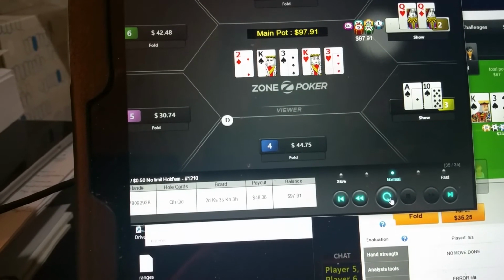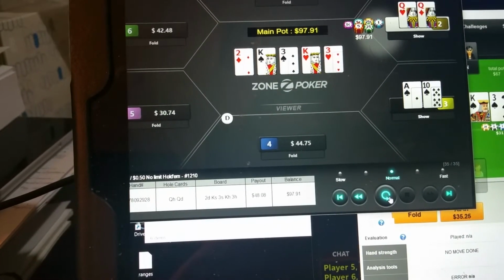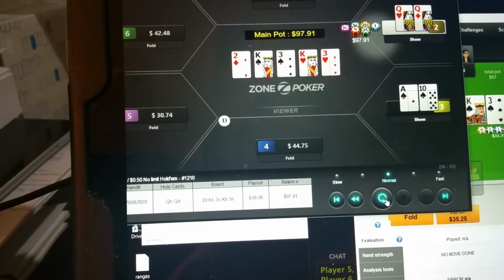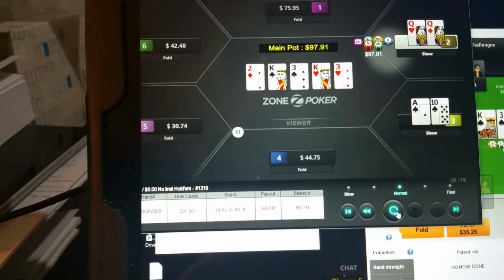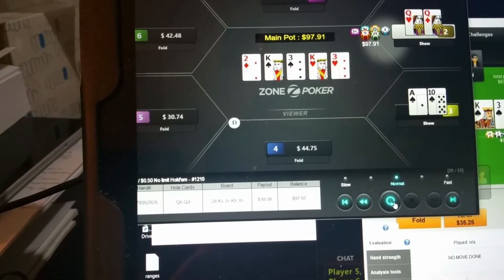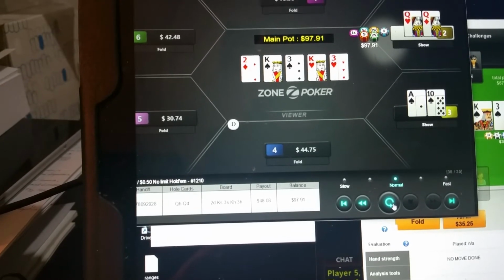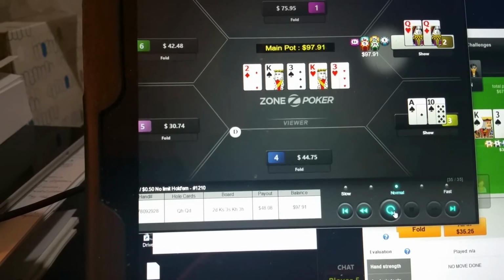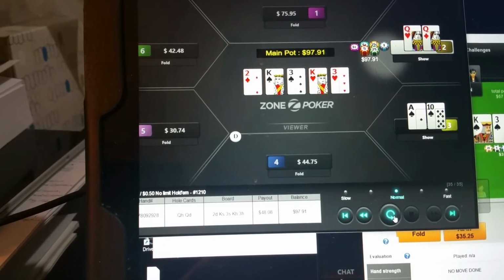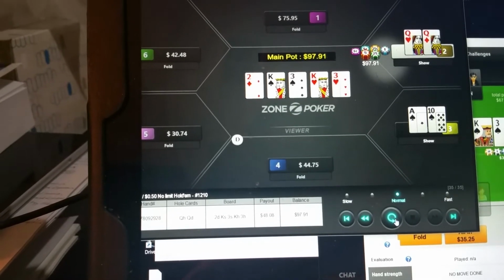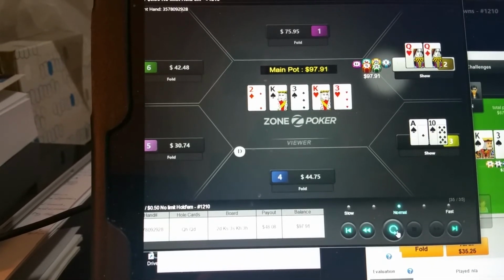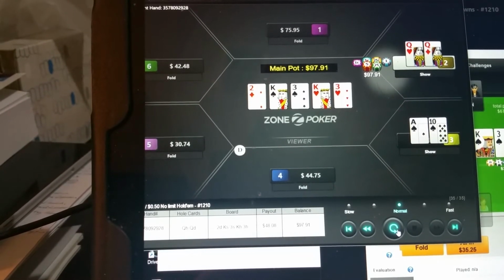Probably wouldn't call the turn if I had a 10, maybe I would. Although I think Snowy wants me to fold the 10. Snowy even wants me to fold the queen at some point, even before the second king came out. But also though, I was supposed to bet the flop.